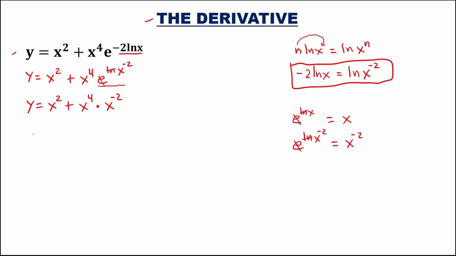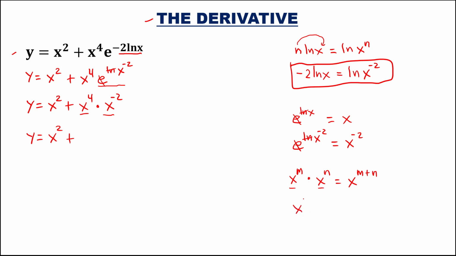Then to simplify, we have y equals x to the power 2 plus. We can combine this x to the power 4 times x to the power negative 2. If we have x to the power m times x to the power n, we need to add the exponents for the same base.